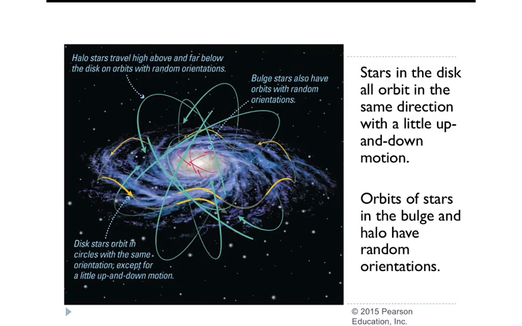What we see is that around the halo, orbits are just random, but right around the actual disk, where the spiral is, stars tend to stay right on that plane, but they do hover up and down, kind of like a merry-go-round. And of course, around the center in the bulge, it gets a little chaotic, with stars orbiting in all kinds of random directions.